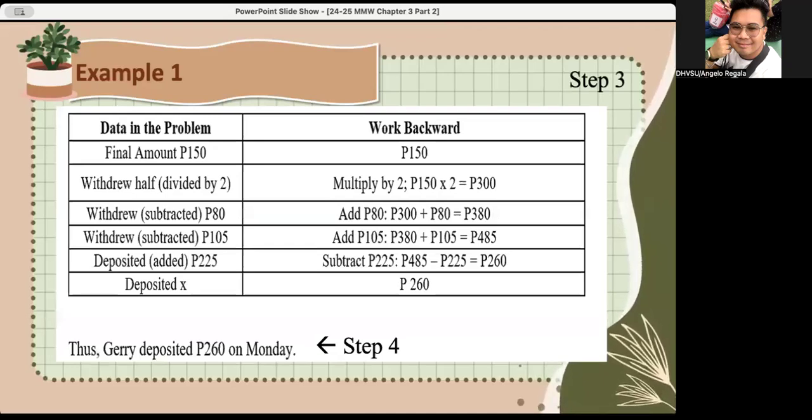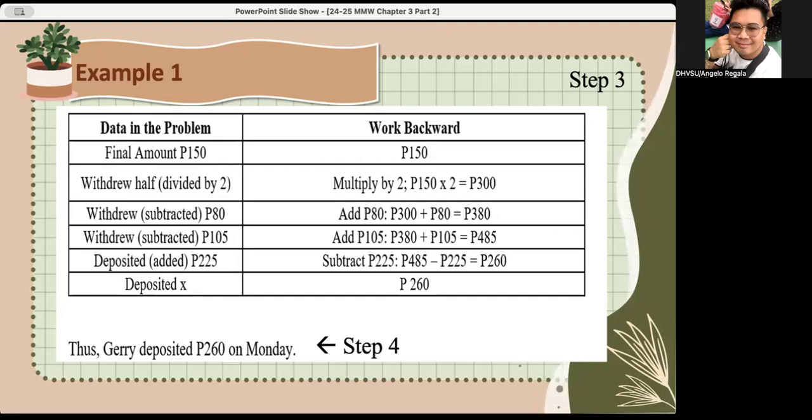So, since nag-withdraw siya ng kalahati, it means yung kabaliktaran nun is magmumultiply tayo ng 2. Okay? Because ang kabaliktaran ng 1/2 is 2. So that is 150 times 2.